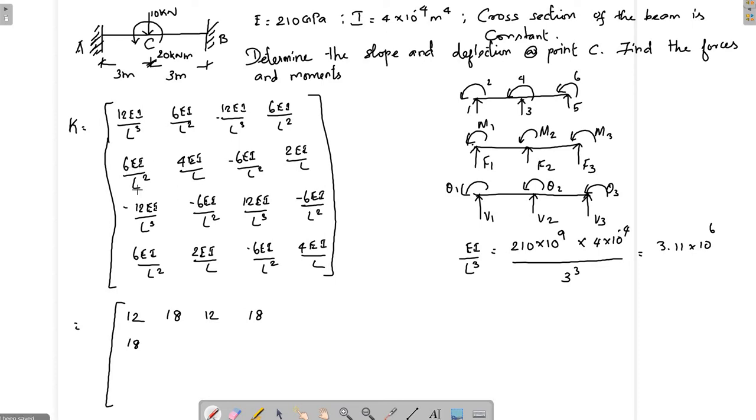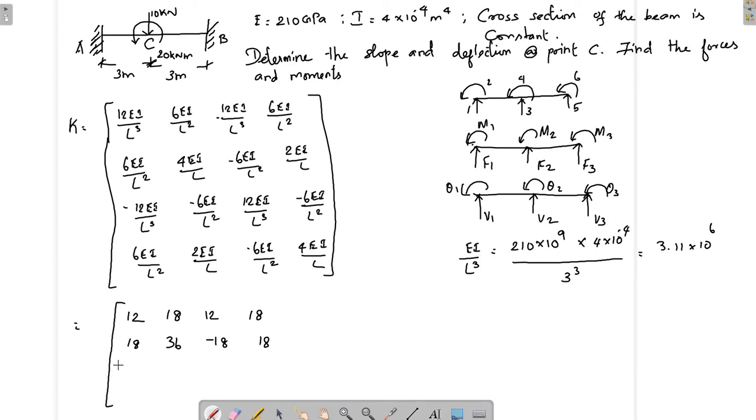So 6 into L is 18. Here EI by L is only available, so we have to multiply this term with L square. So 3 square, 9 into 4, it is 36. So next one, L is missing, so we have to multiply, it is minus 18. Next 2 with 3 square. So 3 into 3 is 9, 9 twos are 18.